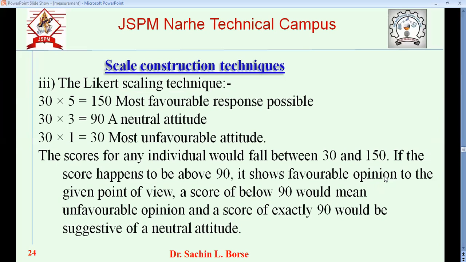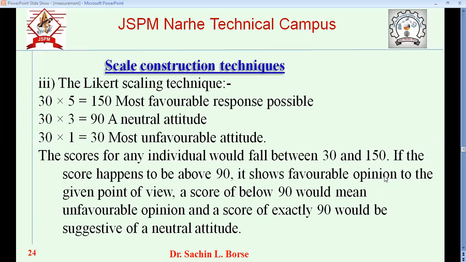Suppose there are 30 questions. If all are favorable, then the maximum marks will be 150. If all are unfavorable, then the mark will be 30 into 1, which is 30.